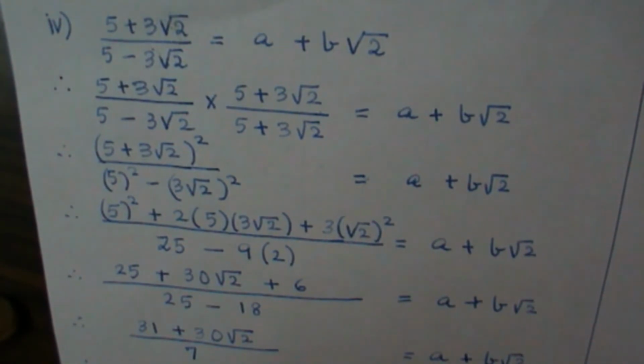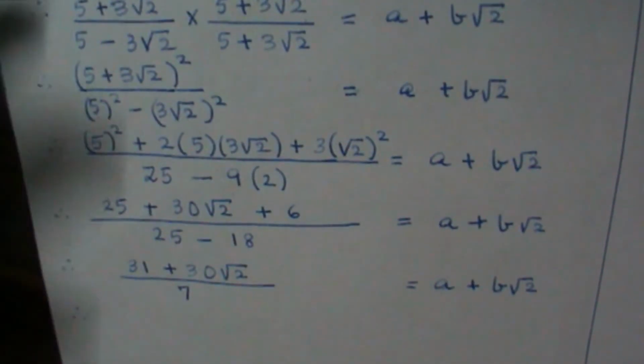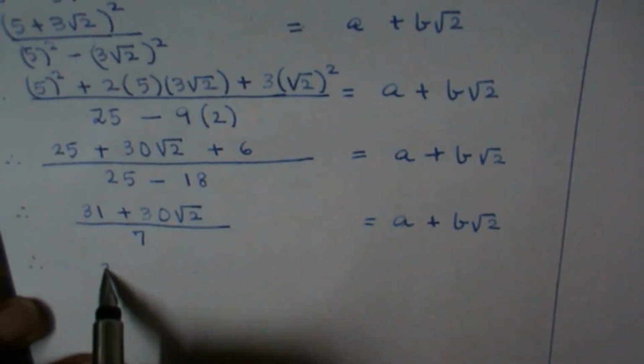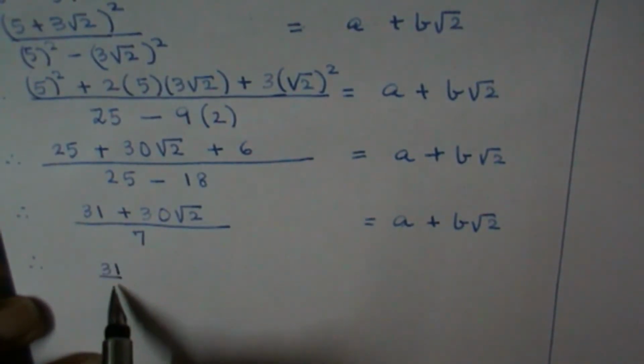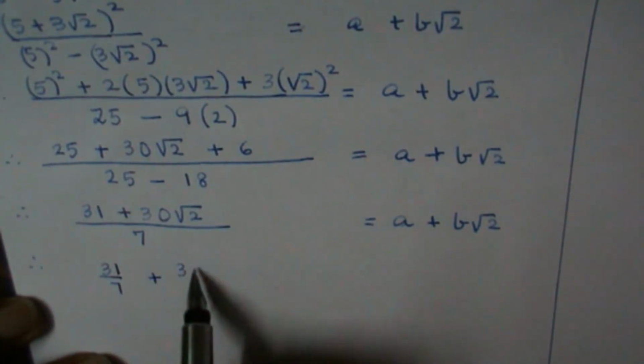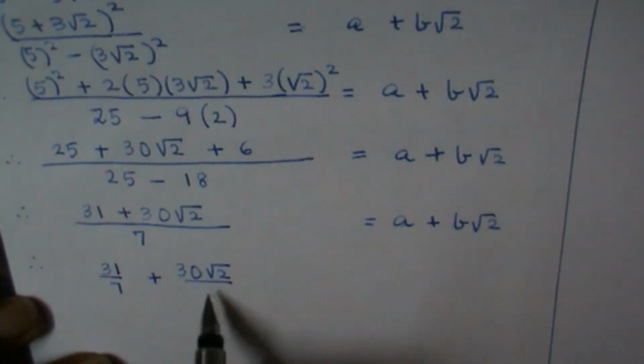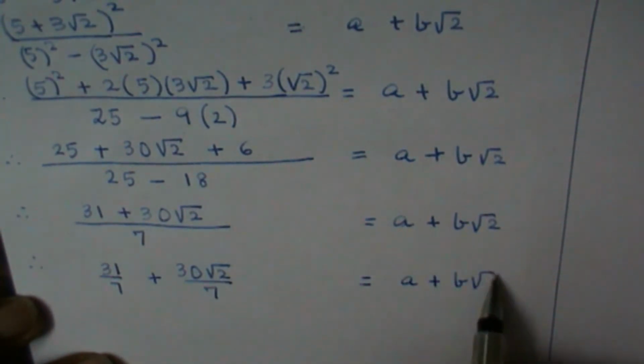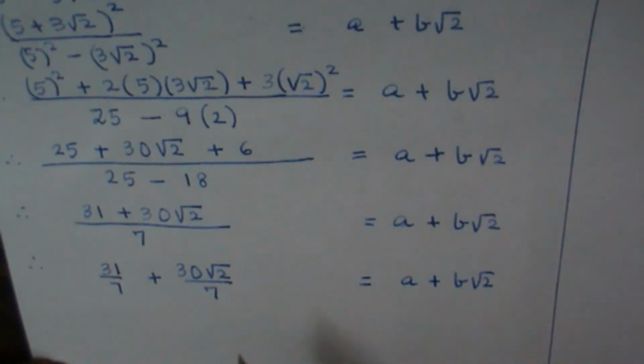And now you will see, as you can see, there are 2 terms, but here it doesn't look like 2 terms. So what should we be doing? We should be making it into 2 terms. How do we make it into 2 terms? We split it. So 31 upon 7 plus 30√2 upon 7, and that is equal to a + b√2. And so you will realize this is your a.